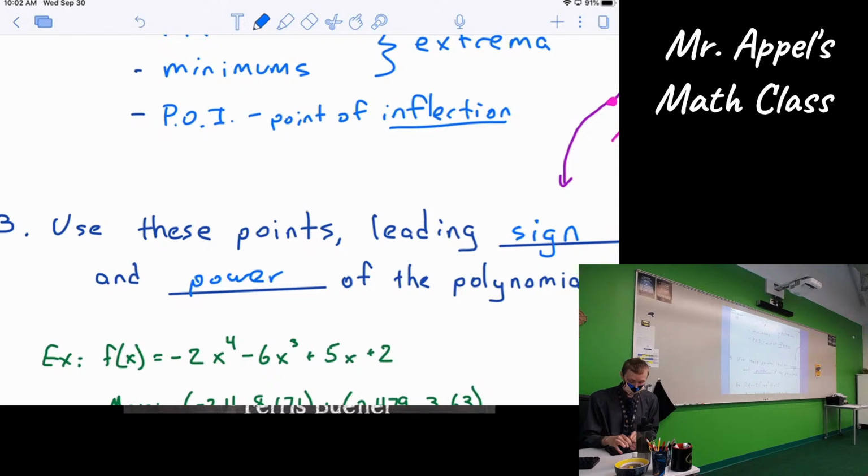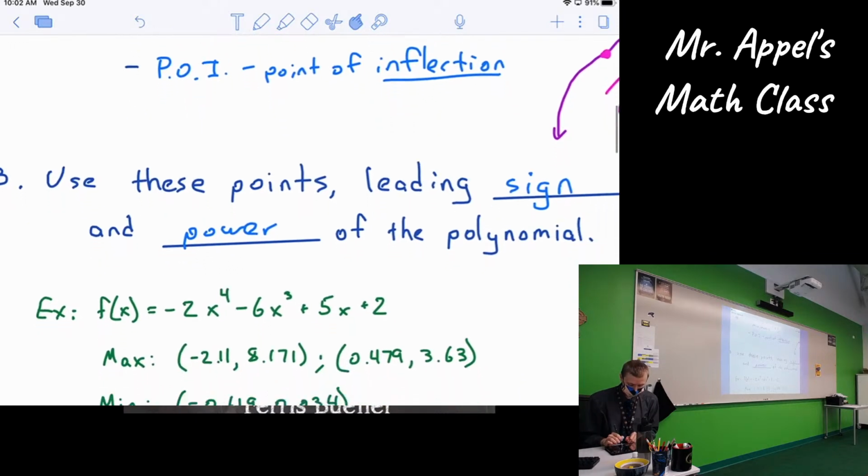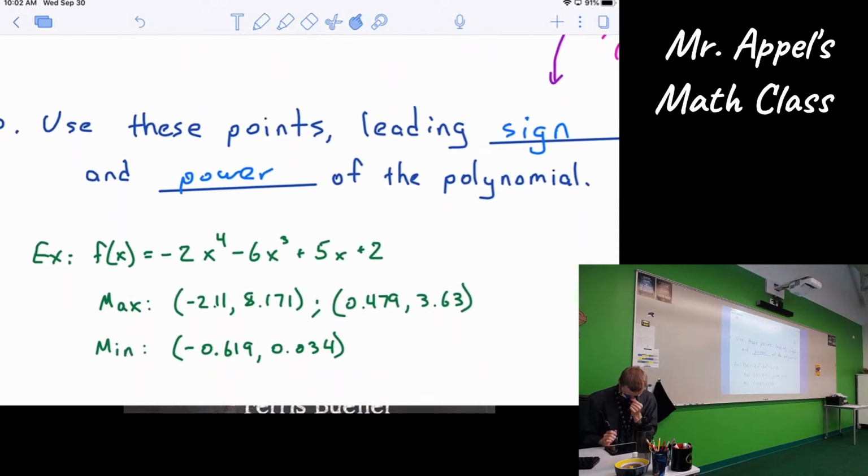Okay? So let's look at that example. I've already run this function into Desmos and graphed it. So this is an approximation of the maximums and minimums.